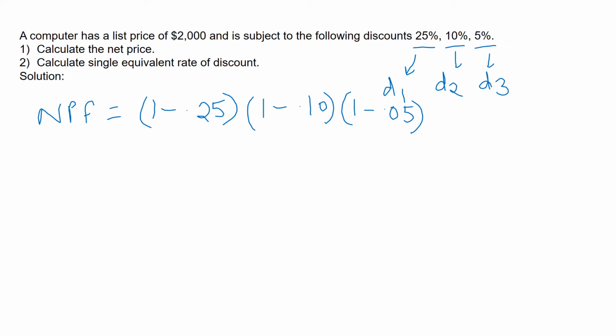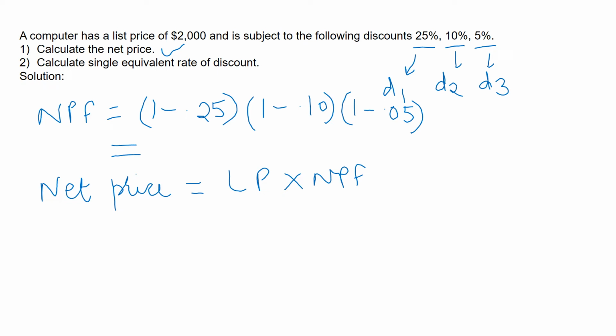We need to calculate the net price. The net price is the list price times NPF. When we calculate this value, NPF comes out to be 0.64125.